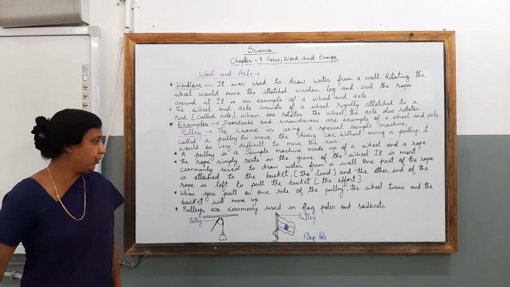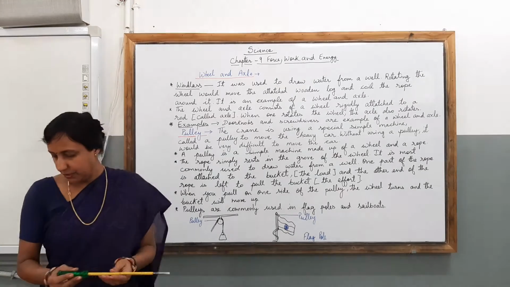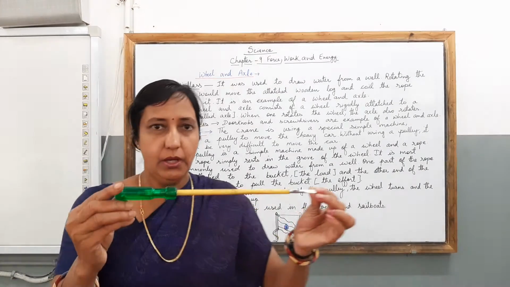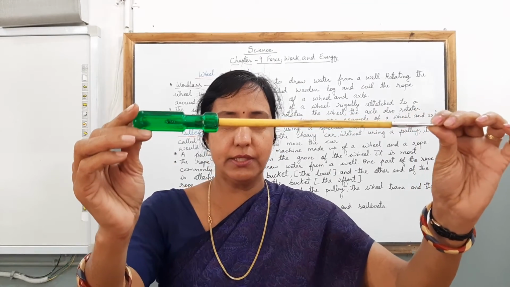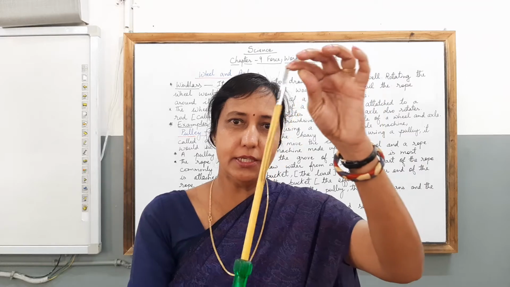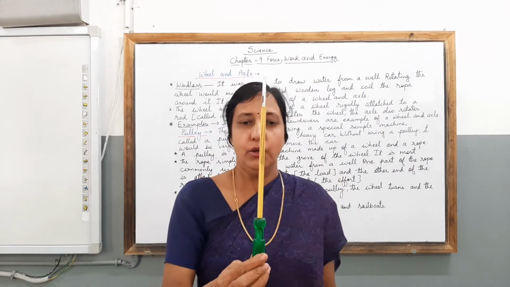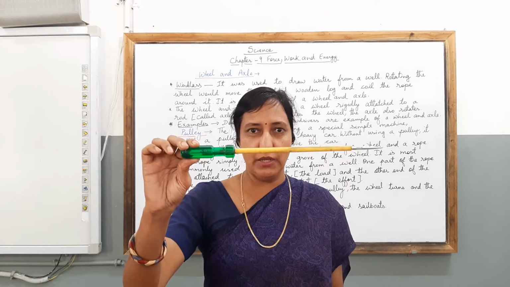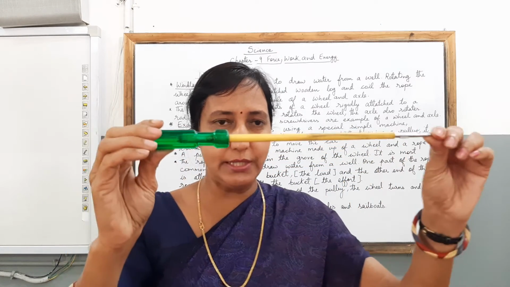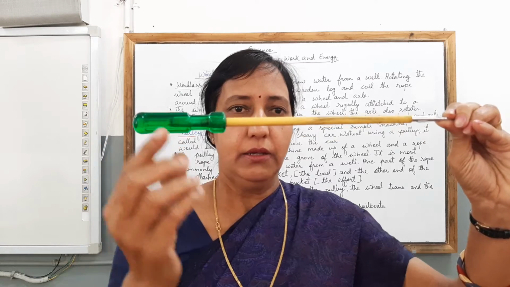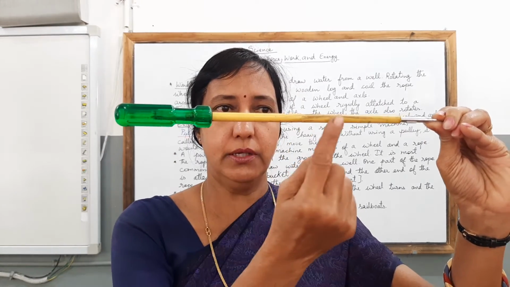So for you to know where the wheel and axle are, I am holding a screwdriver in my hand. Just see it carefully. This is a screwdriver which I am holding, and which is also given in your textbook. Here you can see the axle.